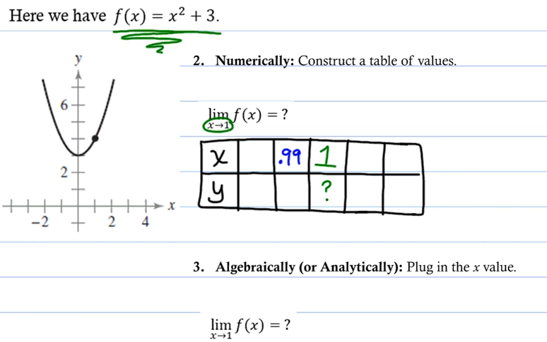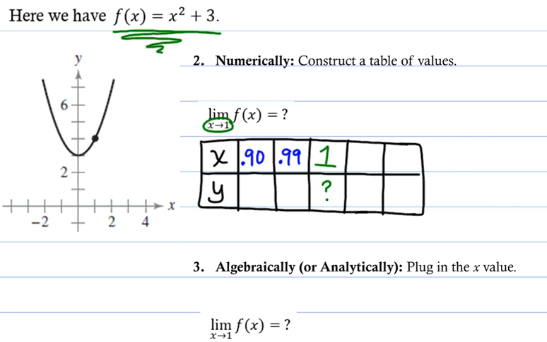That's really, really close to 1. It's not quite 1, but it is smaller than 1. Then you want to pick another number that's really close to 1, but still smaller than 1, and obviously smaller than 0.99. You don't have to get very creative. 0.9 is smaller than 0.99 and smaller than 1, and it's really close.